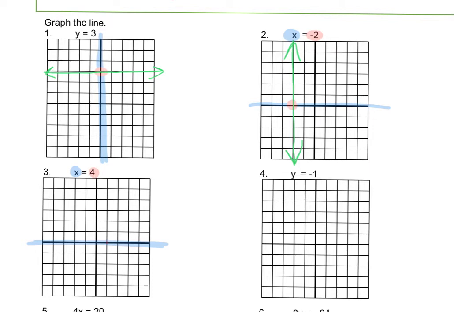At 4. 1, 2, 3, 4. So what does it look like? That. Because it slices through the x at 4. Number 4. What axis does it go through? The y. Where? -1, which is down 1. So what does that mean it looks like? It slices through that axis at that point.